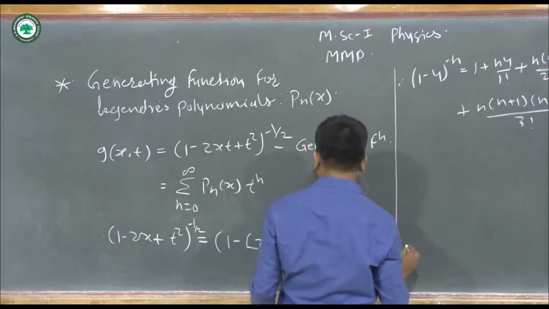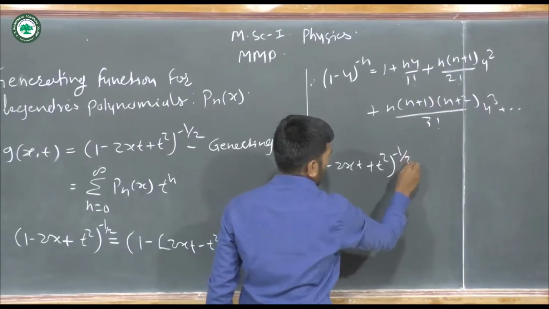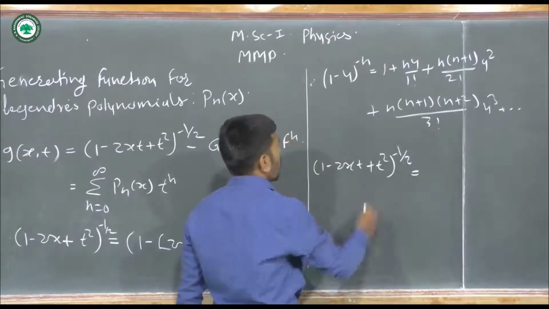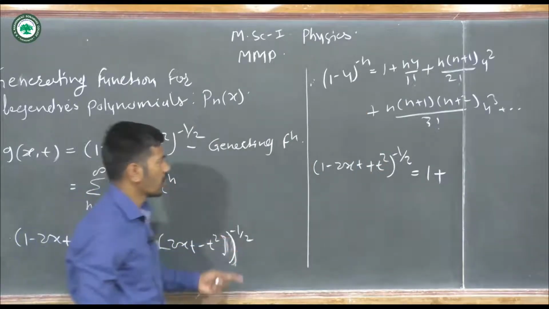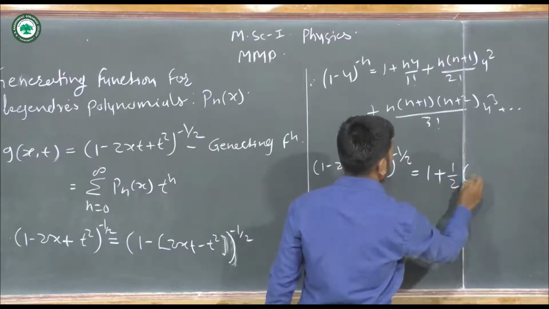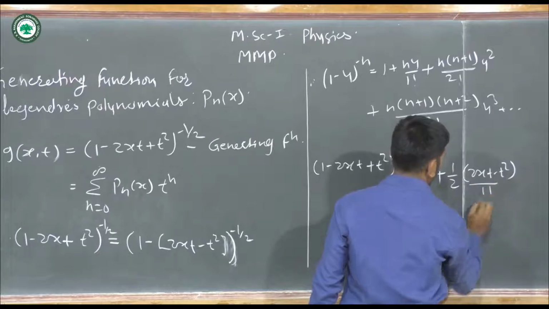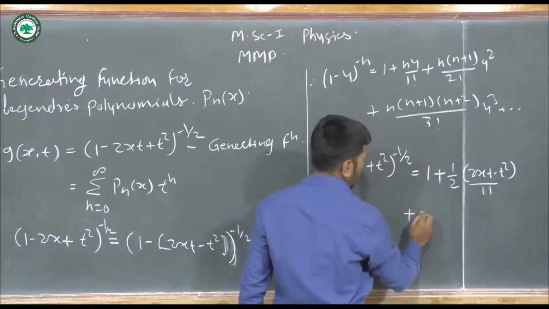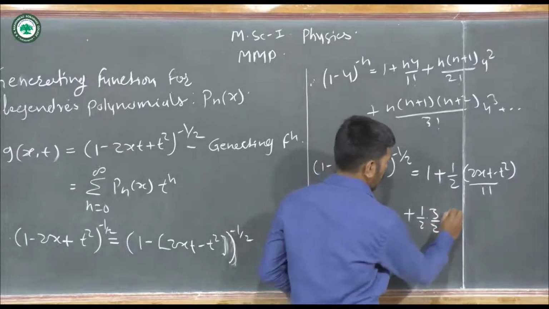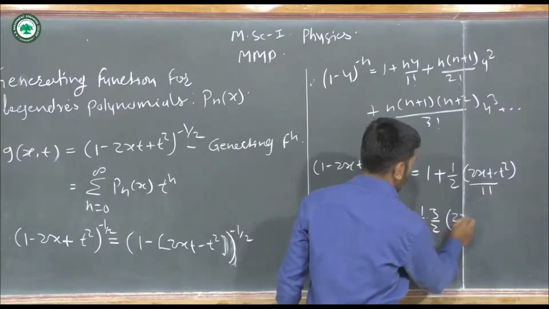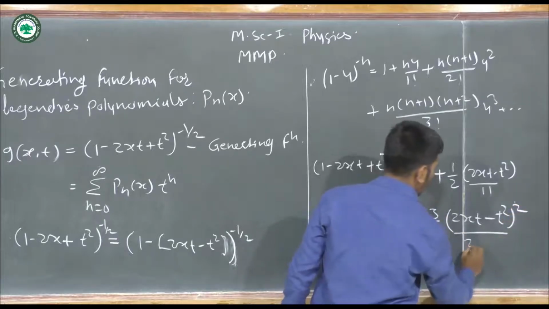So we can expand: (1 minus 2xt plus t square) power minus half is equal to 1 plus n, here half, so 1 by 2 into y, which is (2xt minus t square), divided by 1 factorial, plus n into n plus 1, half plus 1, so it is 3 by 2, into y square, that is (2xt minus t square) bracket square divided by 2 factorial.